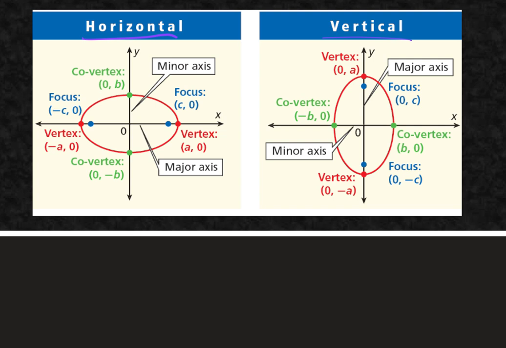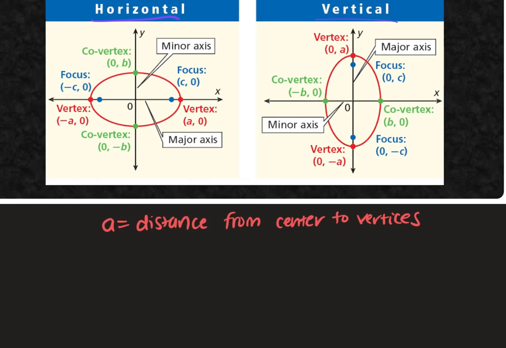Correct. So for both of these, A equals the distance from the center to the vertices in both directions, either up and down or right and left. The B is the distance from the center to the co-vertices.